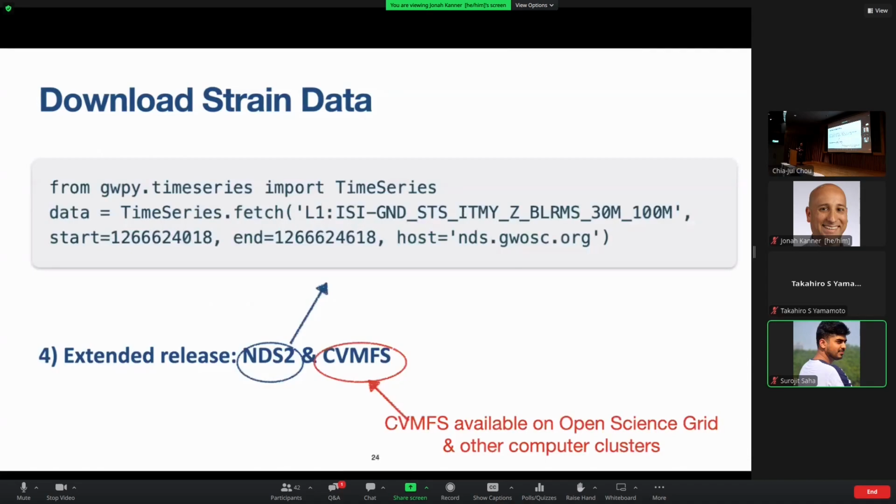If you happen to be working on a computing cluster like the Open Science Grid, it's possible that CVMFS is already loaded up there, and in that case, that's a very easy way to get the data. And then NDS2 can be interfaced again through the Python client, in this case GWPy. So that's just a different way to access the data.